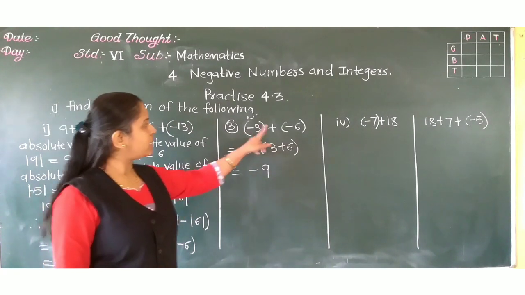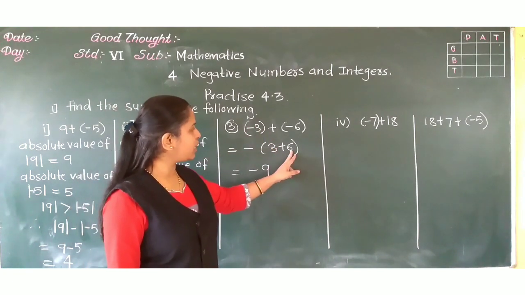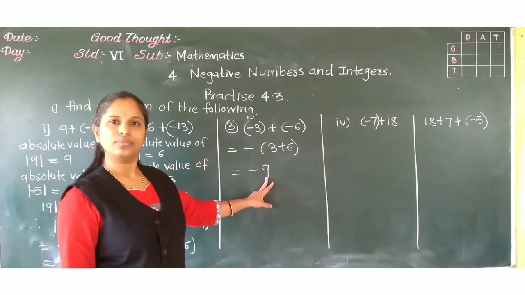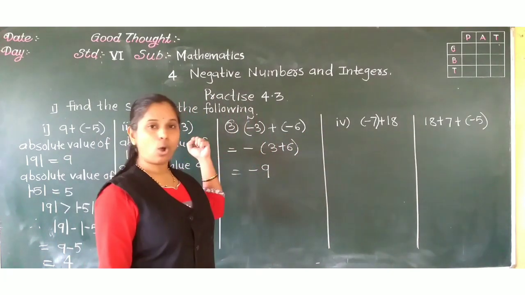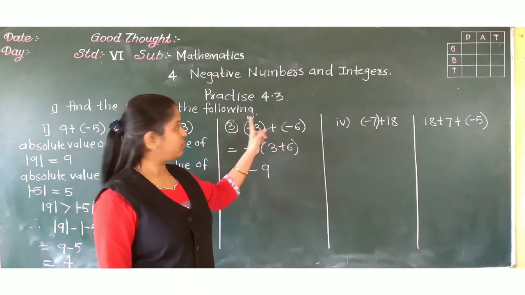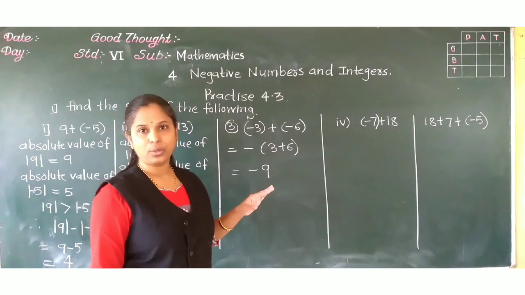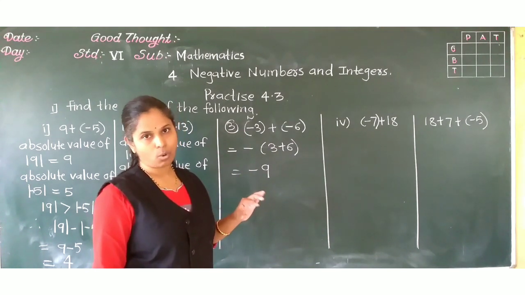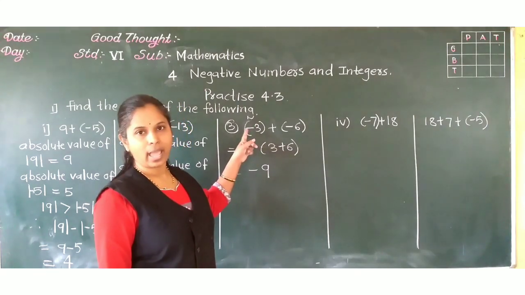Why did I take it common? Because both have the same signs. When same signs are there, we have to add. That rule we have learned already, and the sign we give is whatever they have.